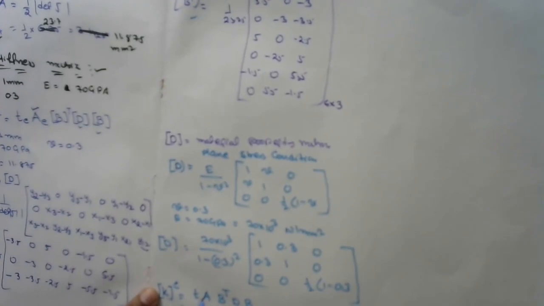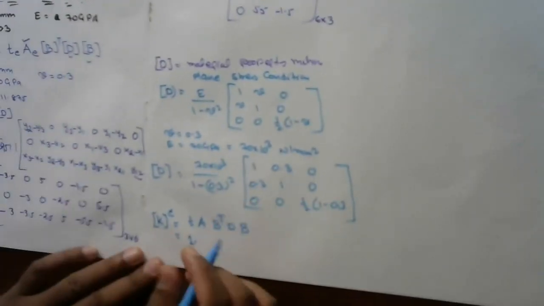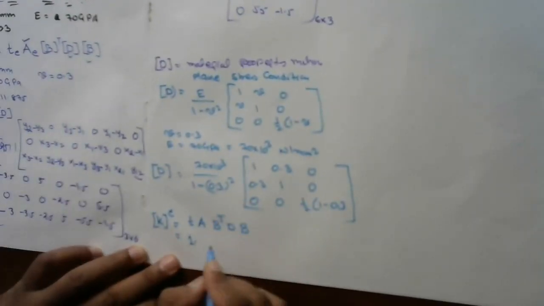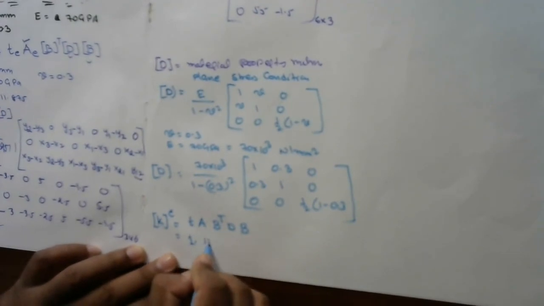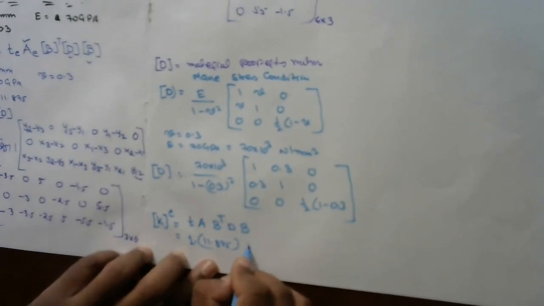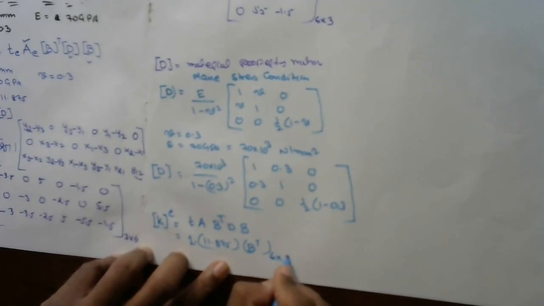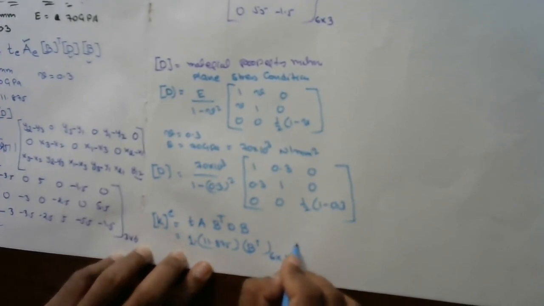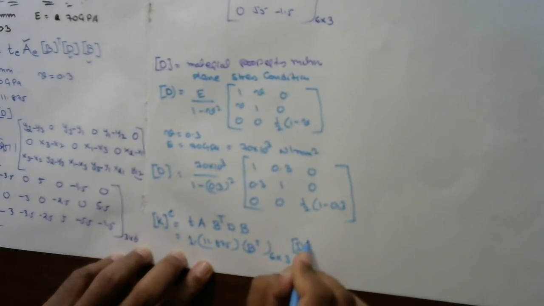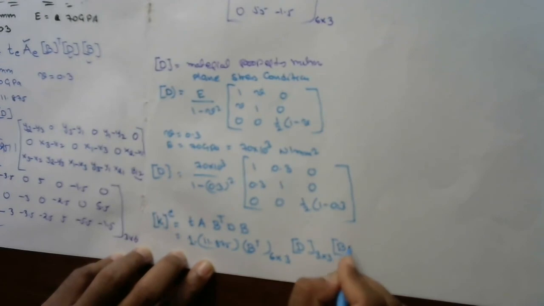Here the thickness is 1 mm, so write down 1, and the area I have calculated for the given CST element is 11.875 mm square. B transpose is 6 rows and 3 columns, the D matrix is 3 by 3, and the B matrix is 3 by 6.